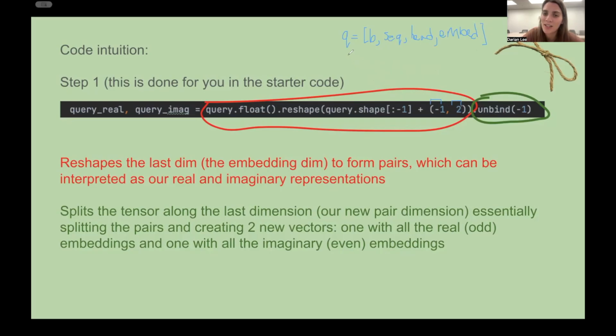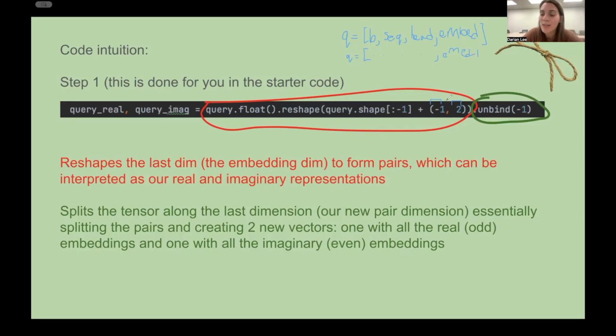So this embed is going to have a shape of 2 now, so it's going to be in pairs. You can think of it as embed 1, embed 2.